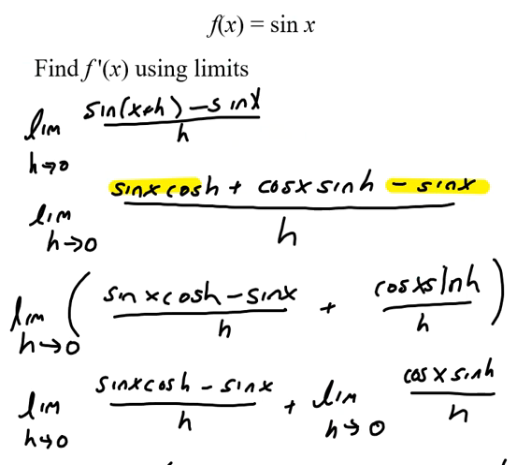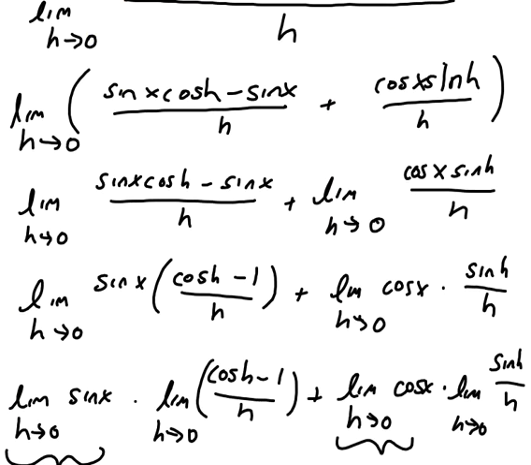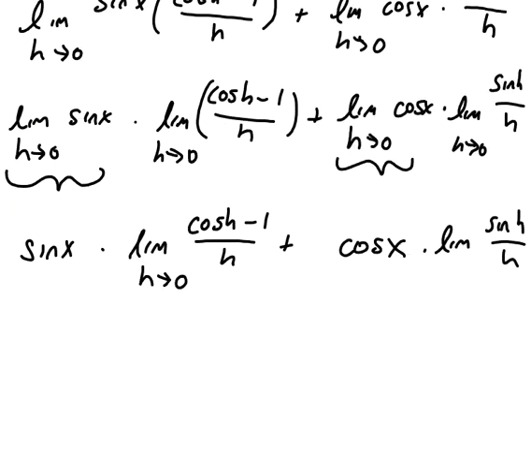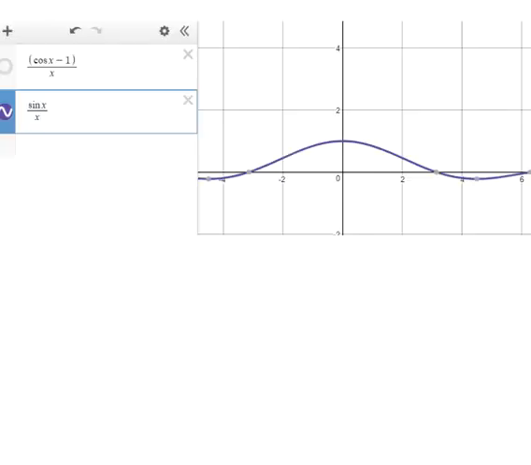So that's 0. The other one, sine of h over h, if I look at that graph as h approaches 0, looks like this. As h approaches 0, we are approaching 1. You can see that my scale here is 2 on the y.